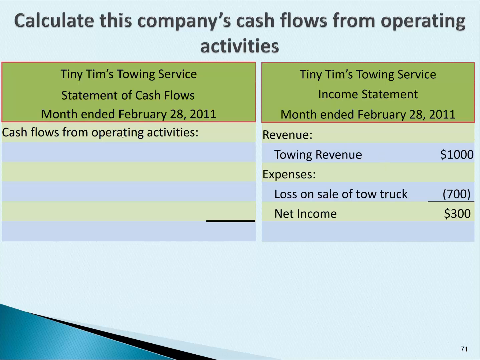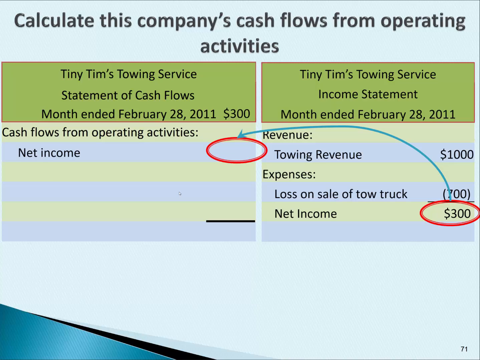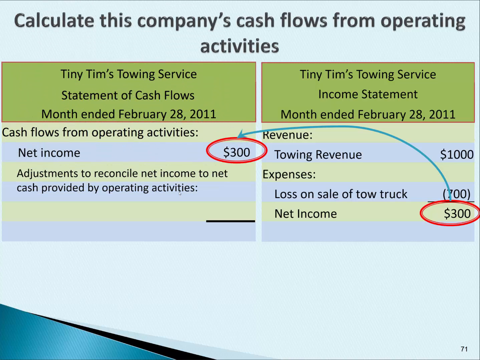So now we're going to use that to create the statement of cash flows, at least the operating section. So we always start with net income. So we're going to bring over the net income from the income statement. And now what are we going to do with this loss? Well, we have to remove that loss. That's our new rule. So how do you remove a loss?